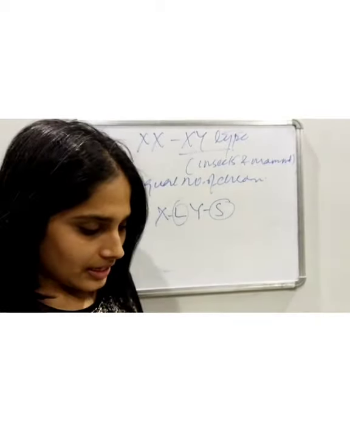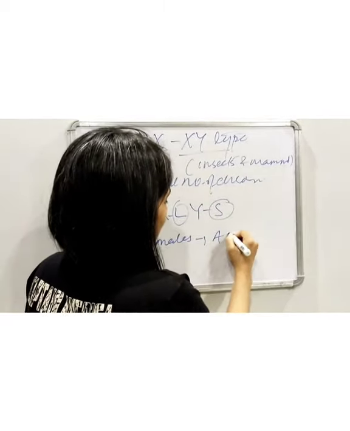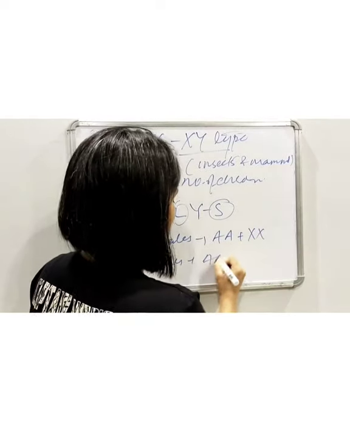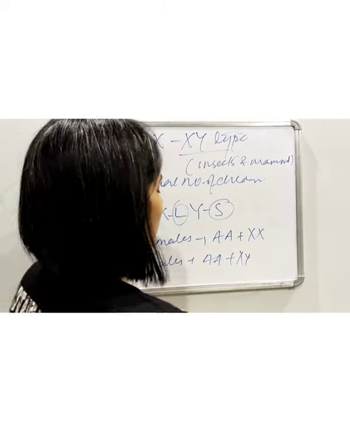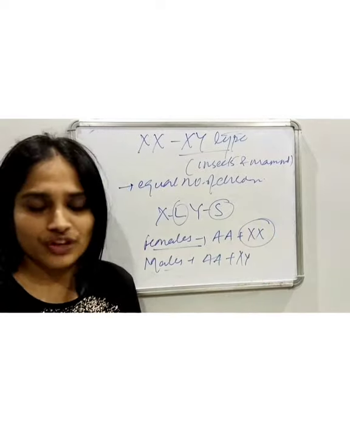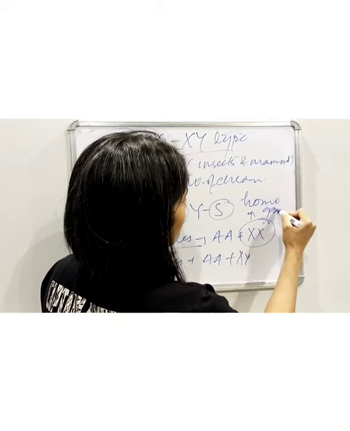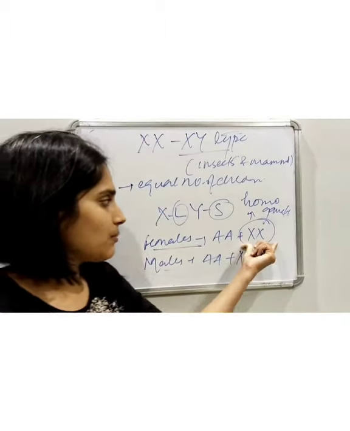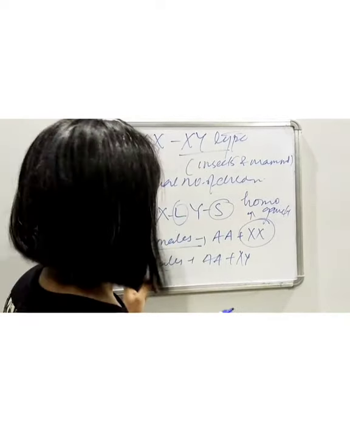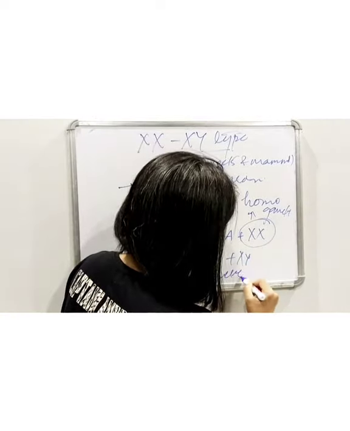Now the females have autosomes plus XX, while males have autosomes plus XY. Because females have XX, we can say that they are homogametic, meaning all the gametes are the same, whereas males are heterogametic in nature.